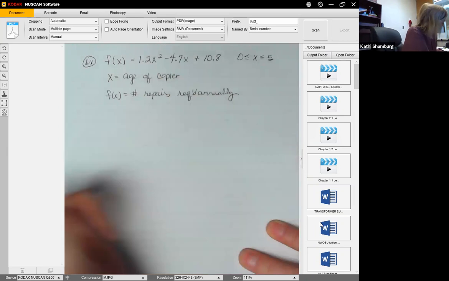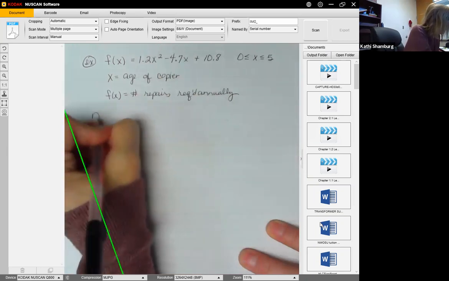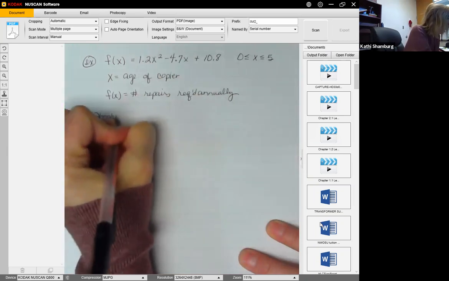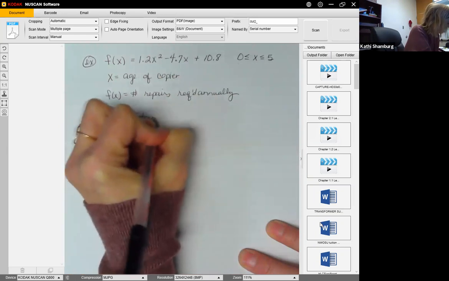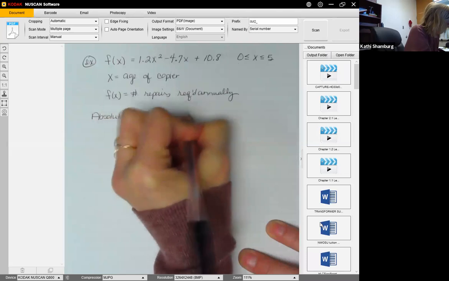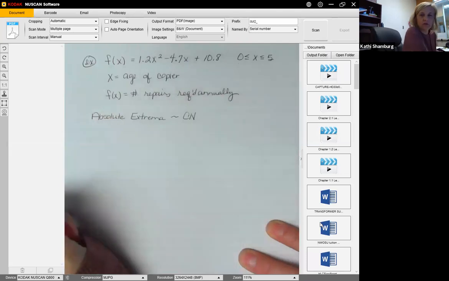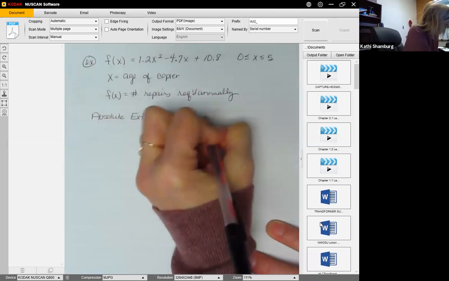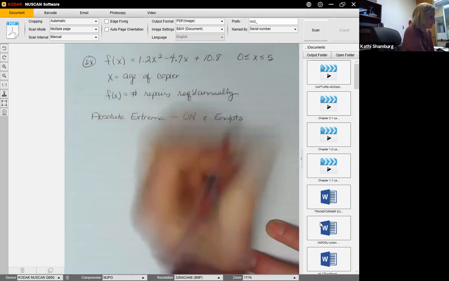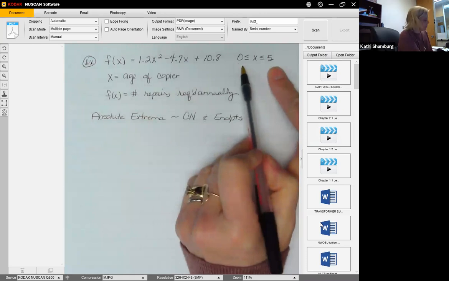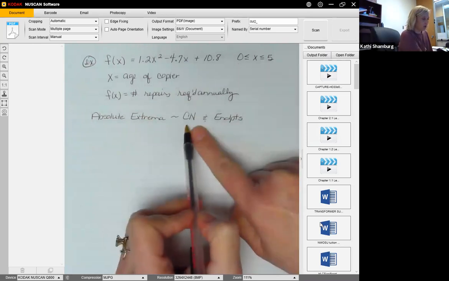So what we're going to do is find absolute extrema, which means we need to find all the critical values or critical numbers and also consider endpoints. Well, obviously we already have our endpoints, but we don't yet have our critical number.